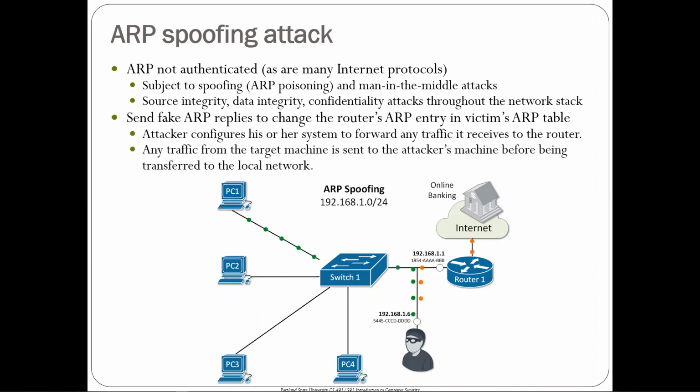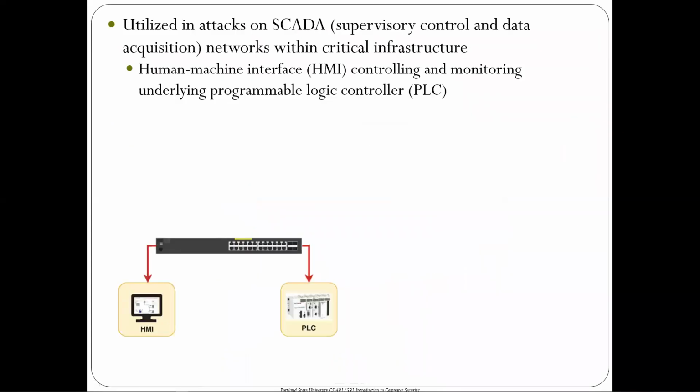So again, ARP doesn't have source integrity, and this leads to both a data integrity and a confidentiality attack in the middle here, where this adversary is now able to inject traffic and to reveal traffic going through.